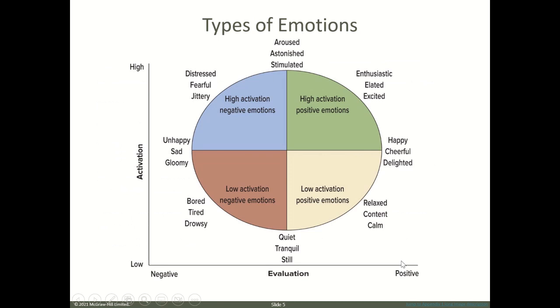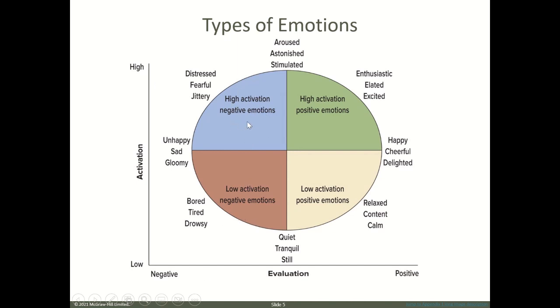We have types of emotions. You can see on the left-hand side high and low activation, and on the x-axis we can see the negative to positive evaluation. Here you can see high activation and negative emotions on the top left corner.